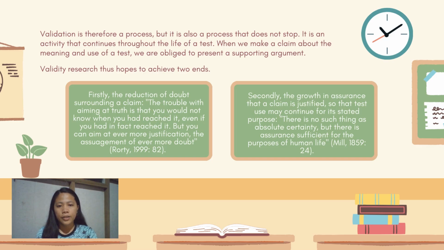Firstly, the reduction of doubt surrounding a claim. The trouble with aiming at truth is that you would not know when you had reached it, even if you had in fact reached it. But you can aim at ever more justification, the assuagement of ever more doubt. This is according to Rorty, 1999, 82.